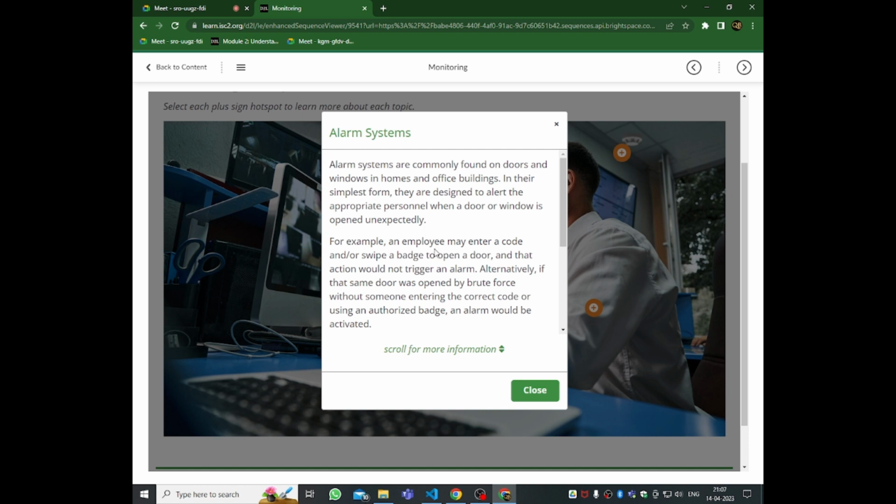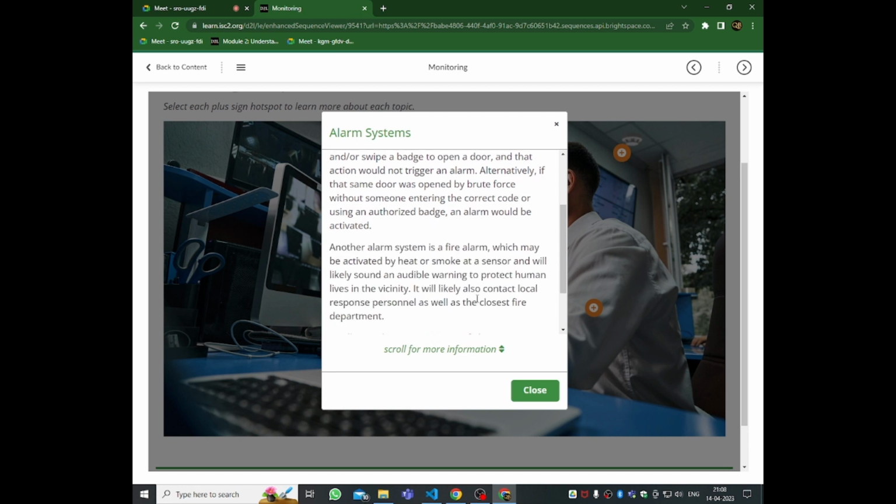For example, an employee may enter a code or swipe a badge to open a door, and the action will not trigger an alarm. Alternatively, if a door was opened by brute force without someone entering the correct code or using an authorized badge, an alarm will be activated.